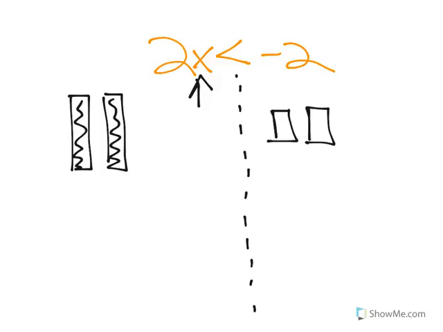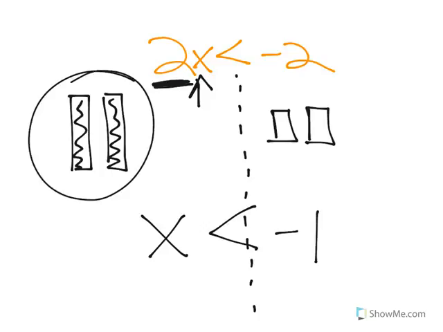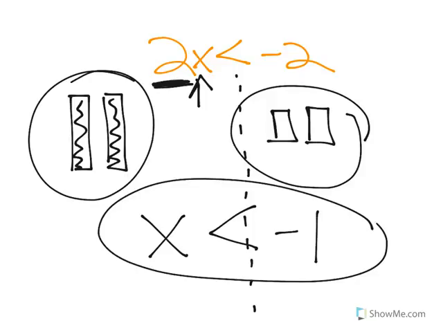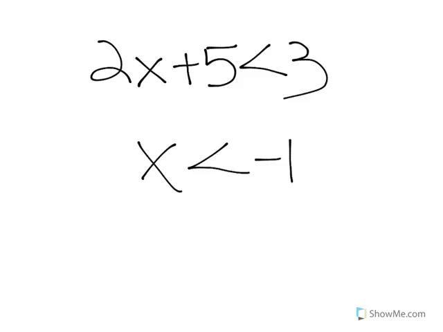If I divide everything by 2, I would be left with x is less than -1, because I'm dividing these 2 x tiles by 2, and I'm dividing this -2 by 2 as well. So this is the answer, or the solution to this inequality. X is less than -1.